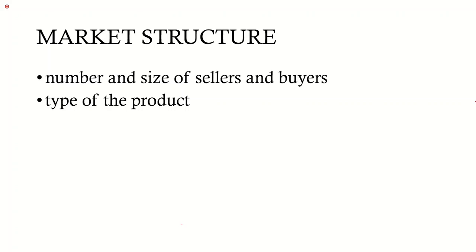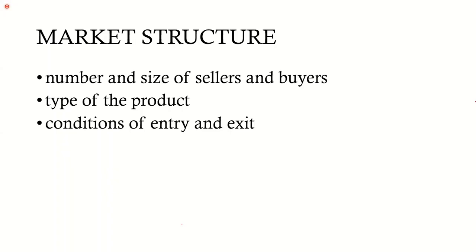Then the type of product. Some markets sell very homogeneous products, some not so homogeneous, and in some there's only one product available in the market, with only one producer. Then conditions of entry and exit. Some are markets that you can easily enter and exit. Some markets, it's very difficult.